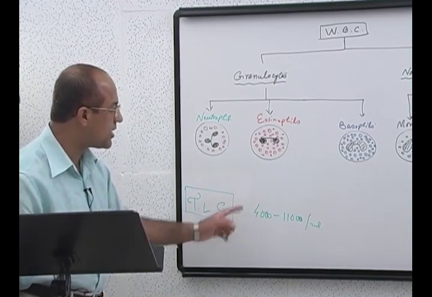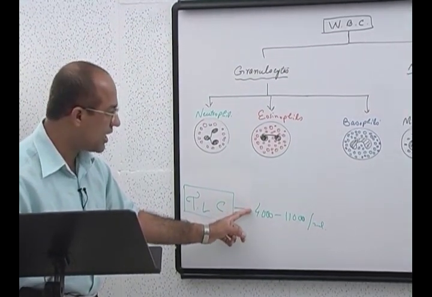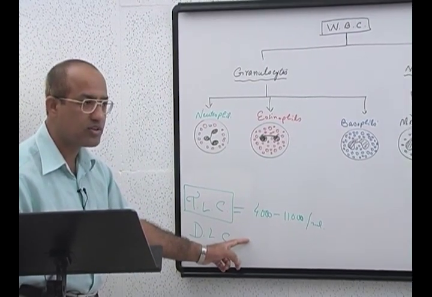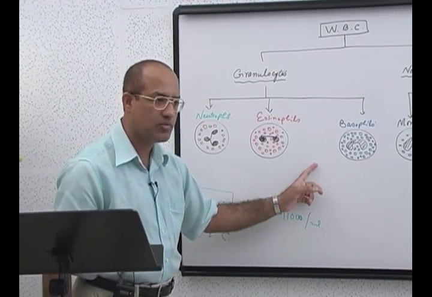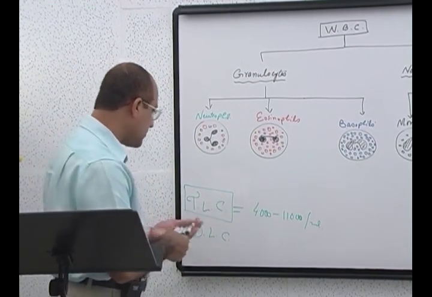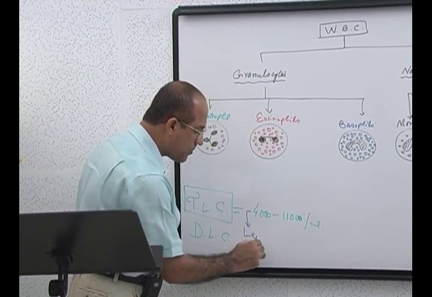It's important to remember that if the count is less than 4,000, this is pathological, and if it is more than 11,000, that is also pathological. When it is less than 4,000, we call the condition leukopenia.